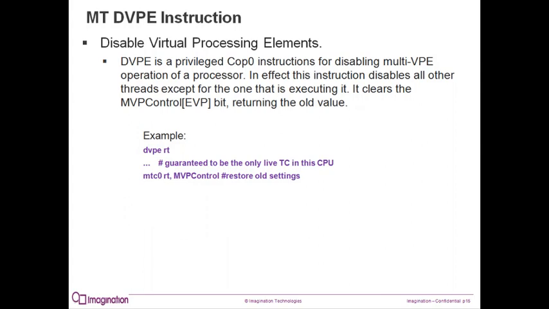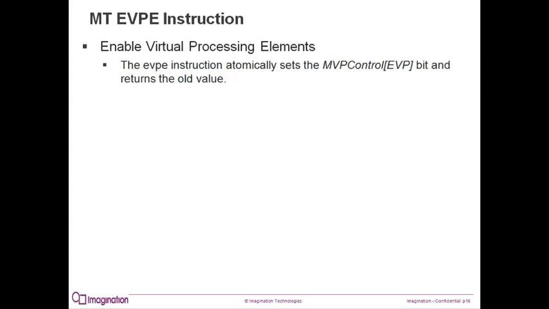When you want to enable the CPU to its previous state, you can use the EVPE instruction to enable multi-threading on all VPEs. But if you are concerned with nested calls, it is more robust to replace the whole original value of the VPE control register. The Enable Virtual Processing Elements will enable virtual processing on the processor.